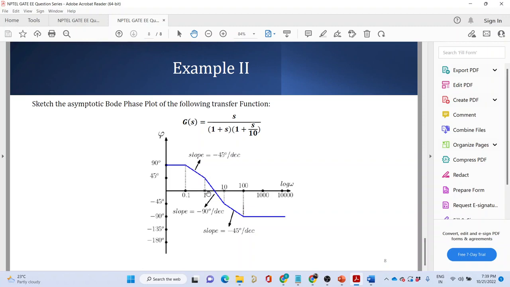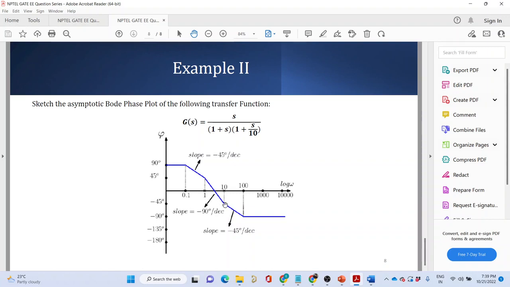Now as we reach omega equal to 1, the effect of this pole also comes into the picture. So minus 45 and minus 45 becomes minus 90 degree per decade. The moment we cross this point s equal to 10, the effect of this pole goes away.